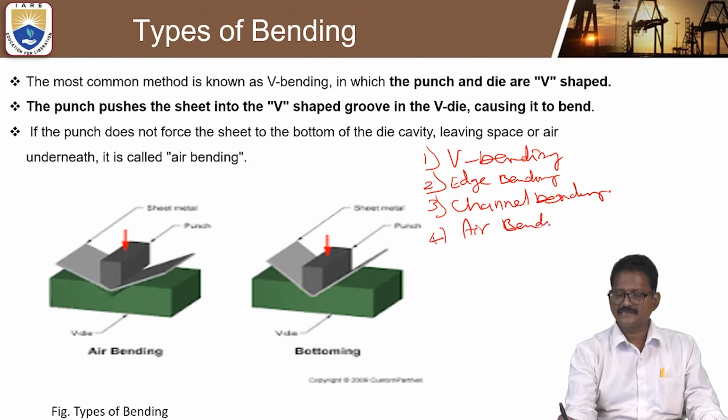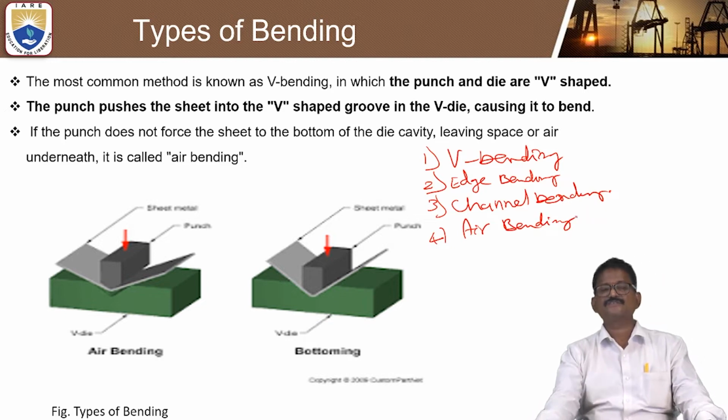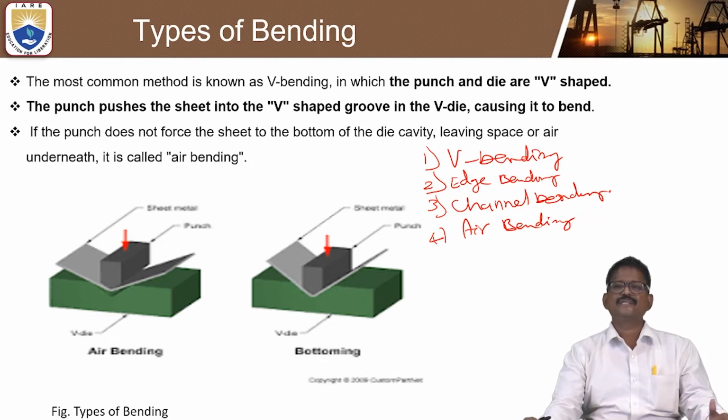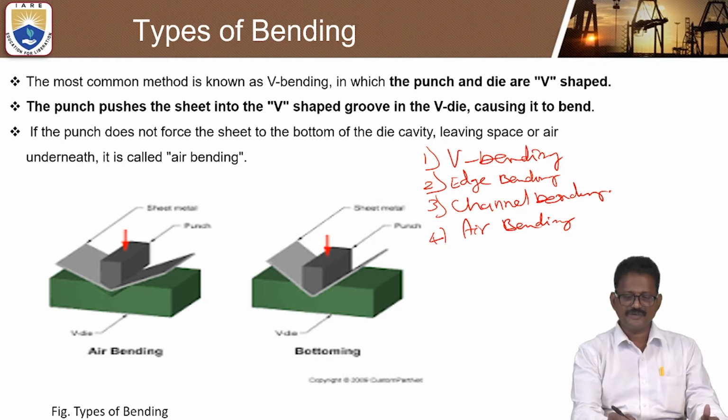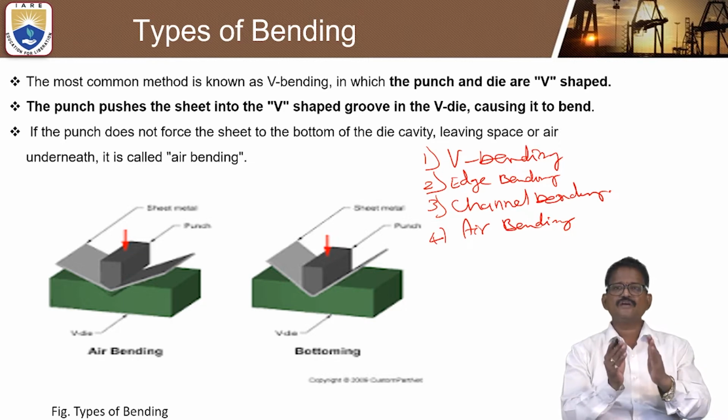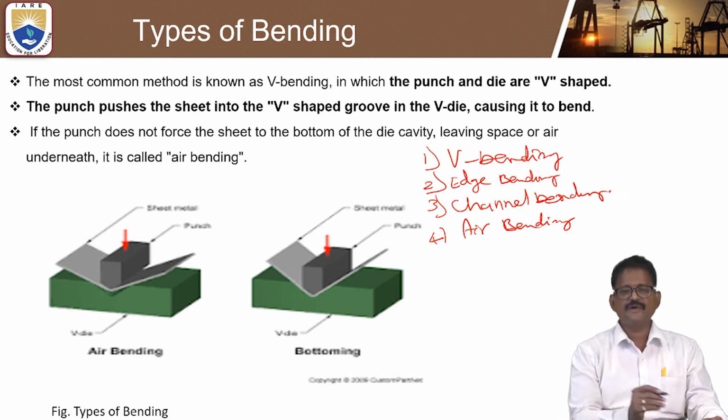There are a number of classifications of bending as per the requirement of our application. In general, the most common method used is V bending, which we can also call air bending.